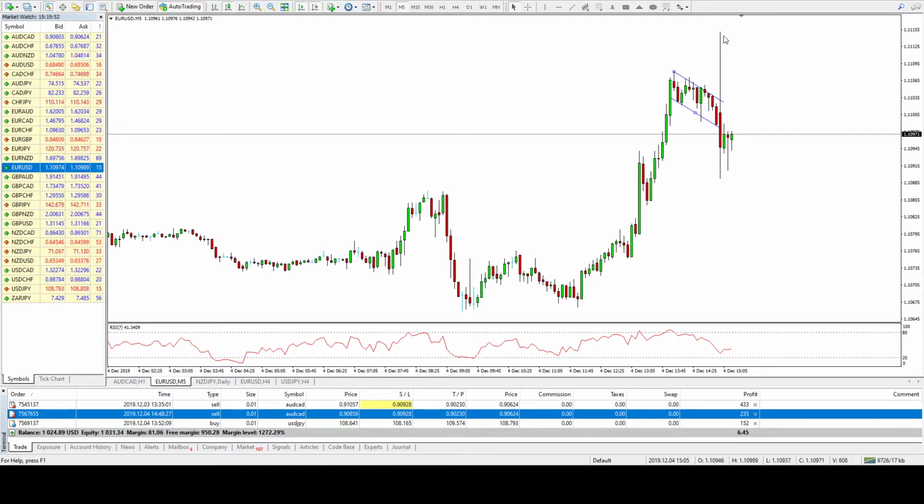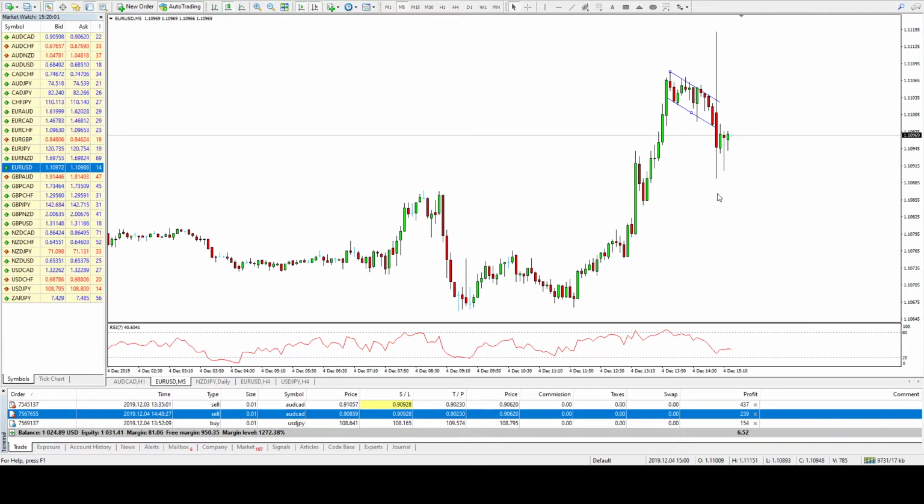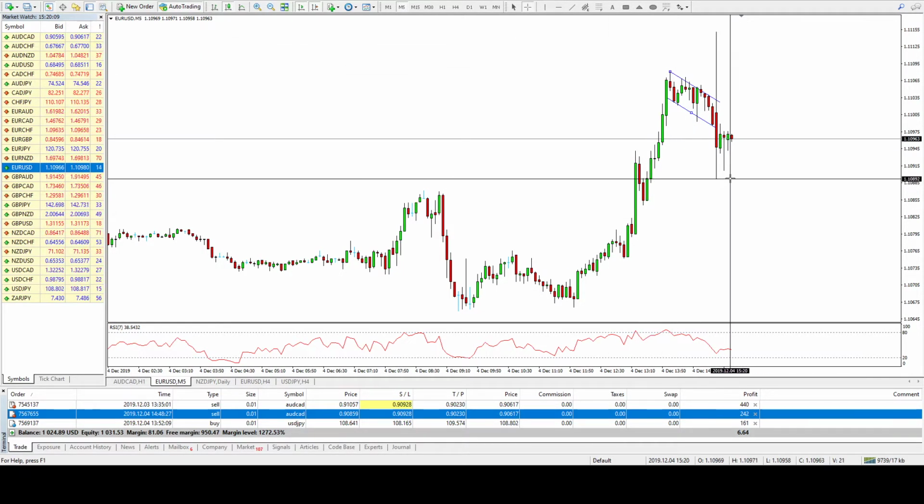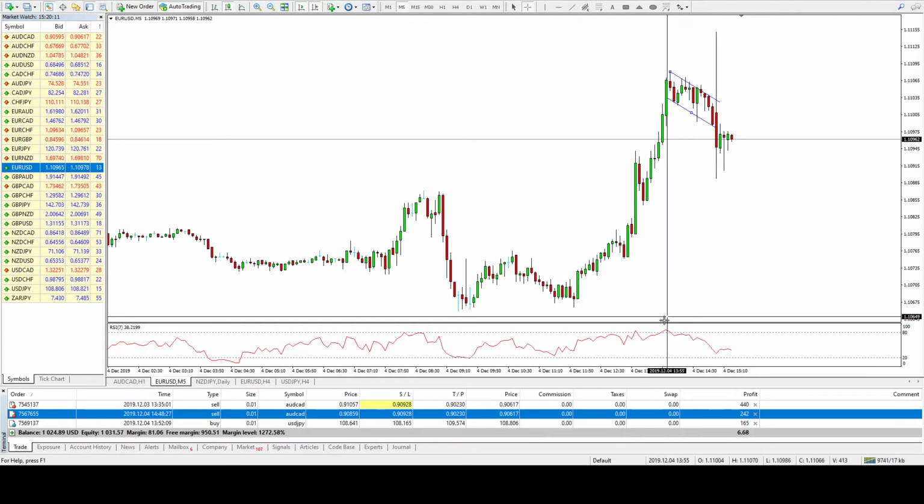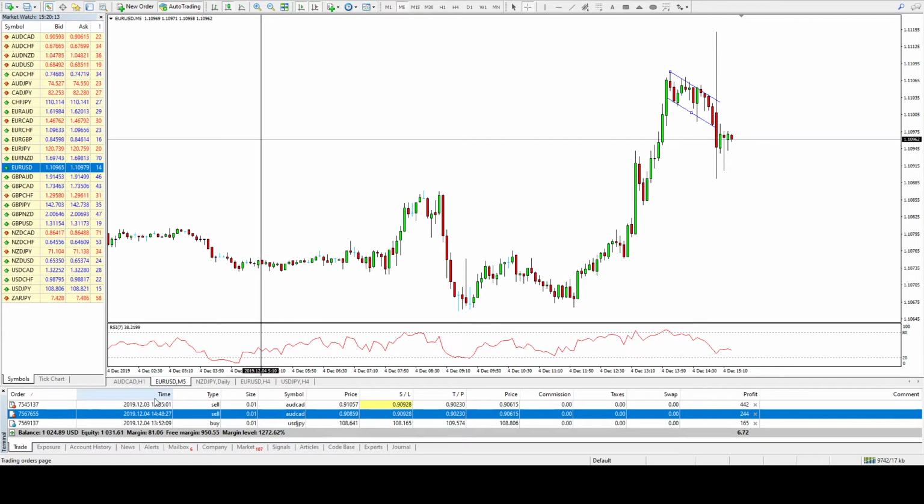Look at this piece right here in Euro USD. Whoever went long lost, whoever went short lost. So this news did not work out for anyone who traded Euro USD.